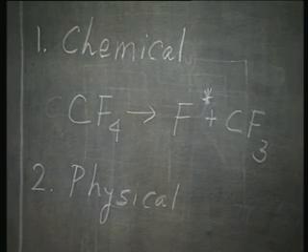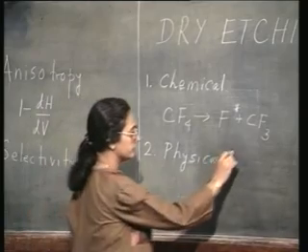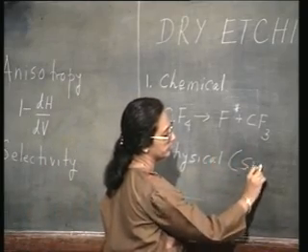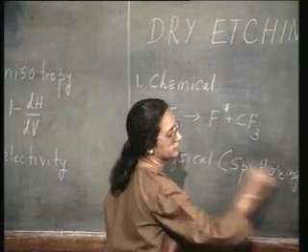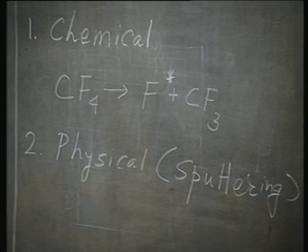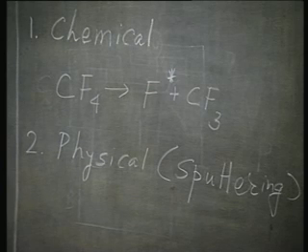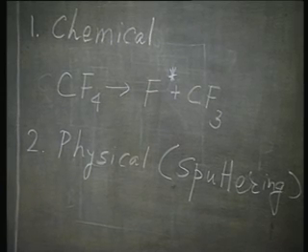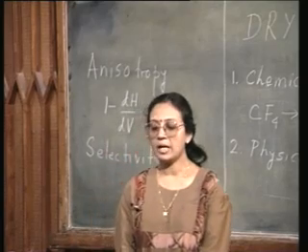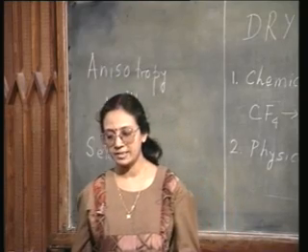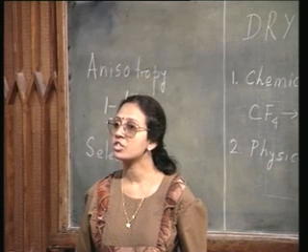Or it is sometimes referred to as sputtering or ion milling. This is where I am taking advantage of the high ion bombardment energy. If the ions have a very high energy, okay, because of the very large sheath potential.